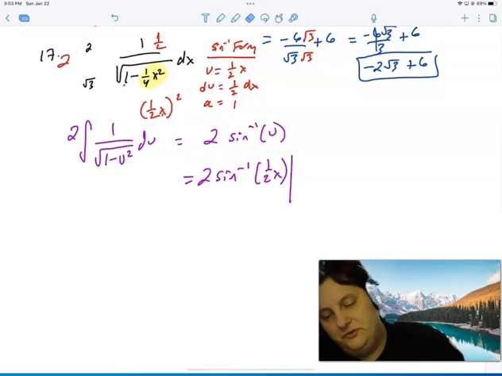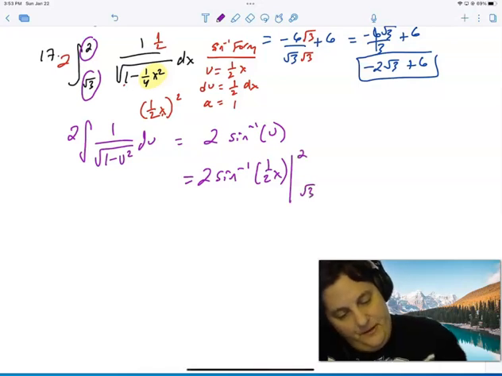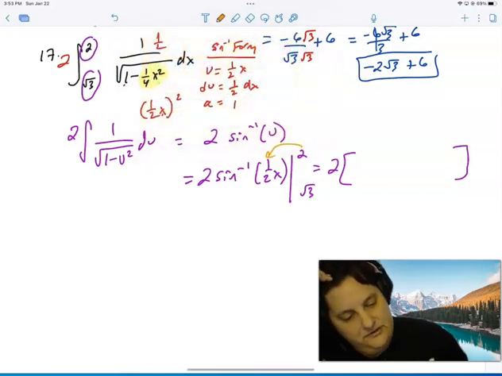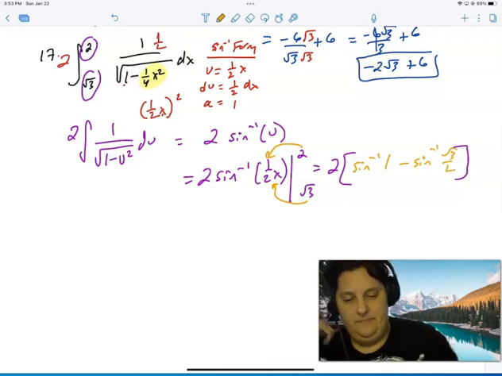So I'm going to use 2 and root 3 because I plugged back in the 1/2 x. Okay, so I'm going to leave the 2 on the outside. When I plug this in, you guys, I get inverse sine of 1/2 times 2, sorry, 1/2 times 2 is 1. And inverse sine of root 3 over 2.